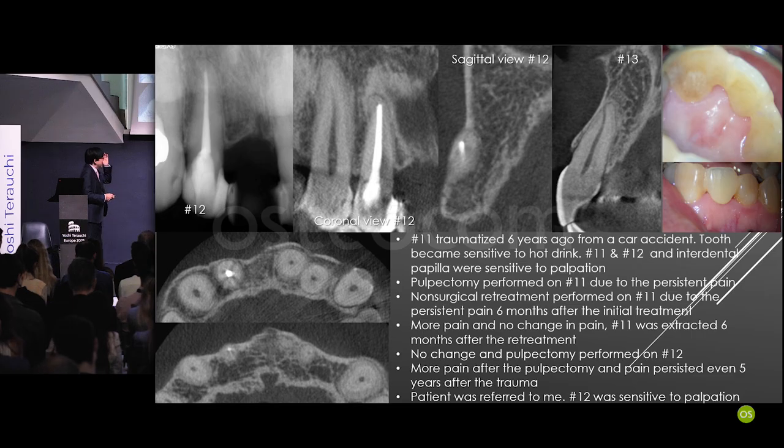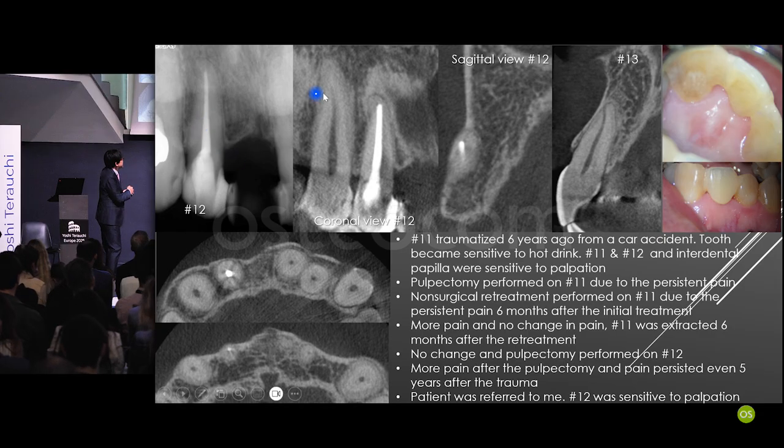So what would you do if you are in my position? When the patient arrived with these conditions, what would you do? Who wants to do the endodontic treatment? Actually, the original dentist asked me to do retreatment on tooth number 12, this tooth. Maybe something was wrong.